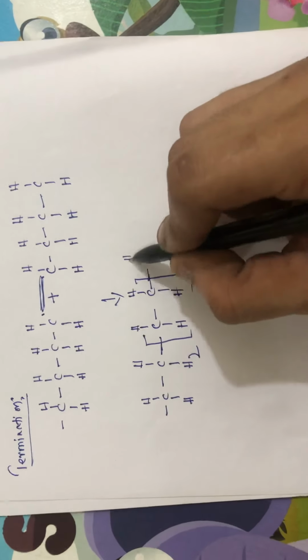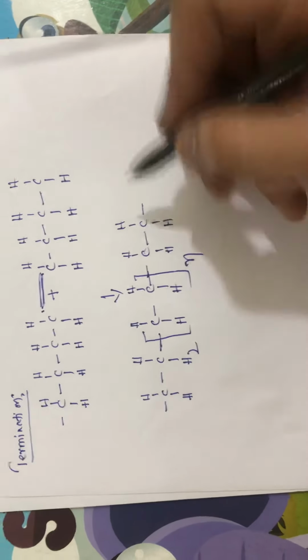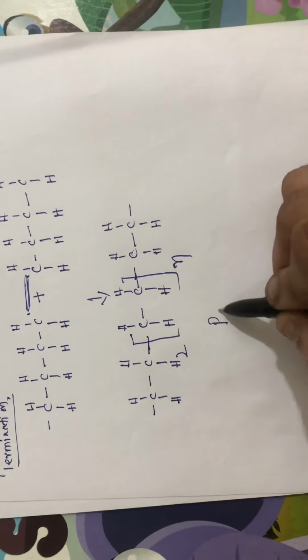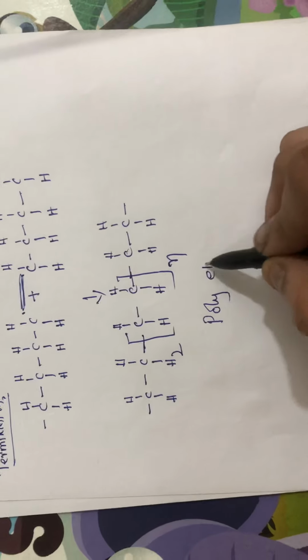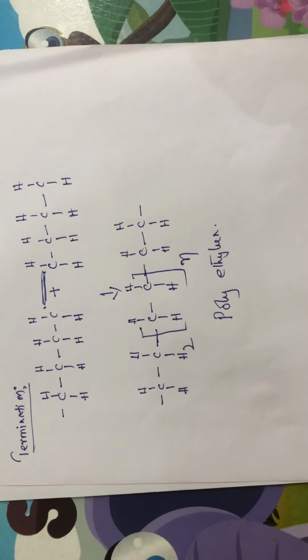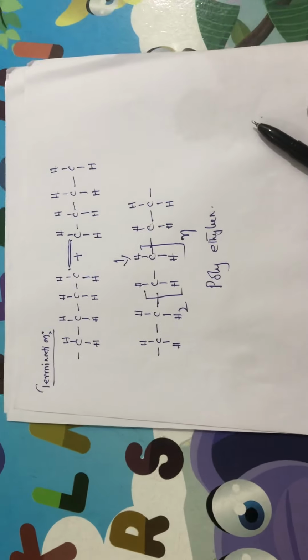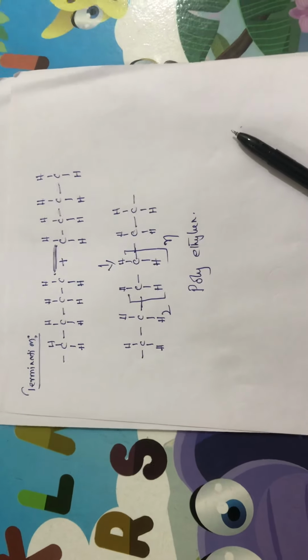CH2 CH2. This is called polyethylene. Right, guys? This is the mechanism of addition polymerization using the free radical mechanism.